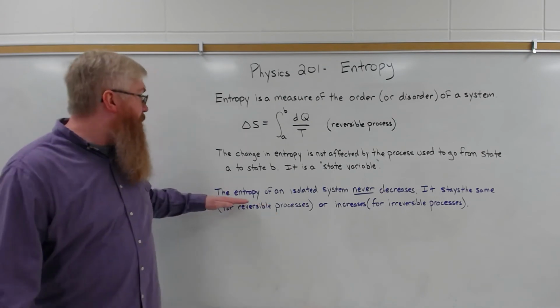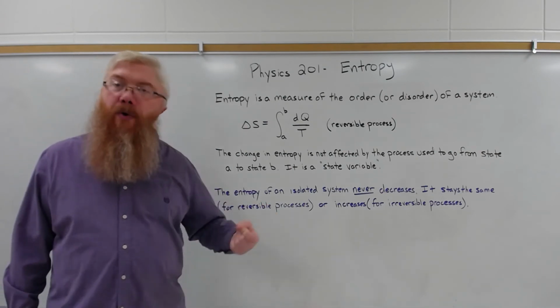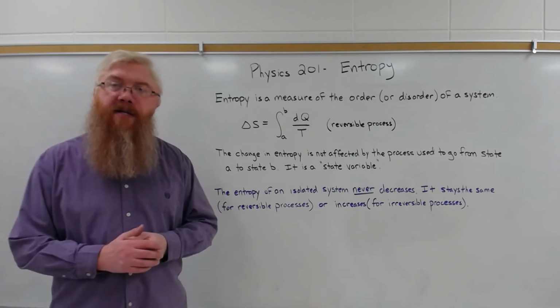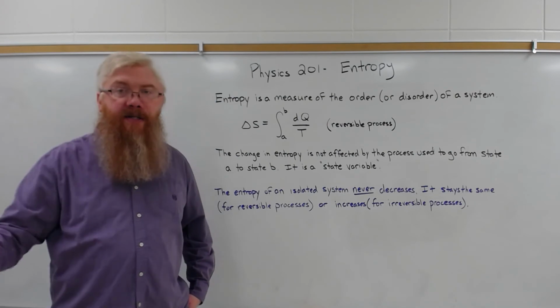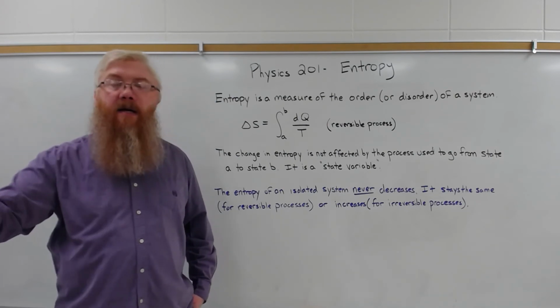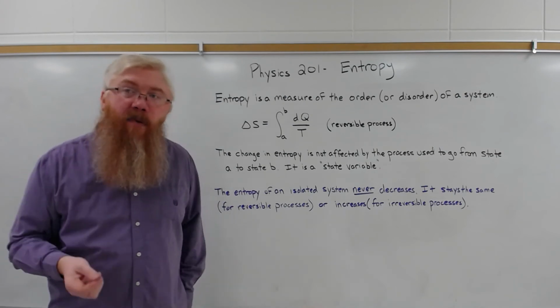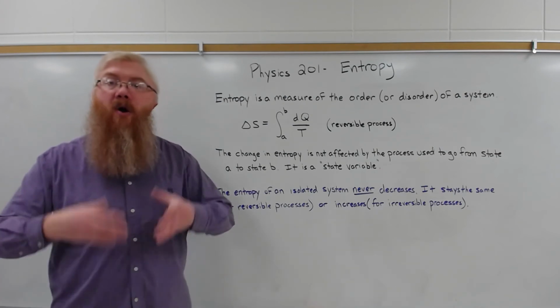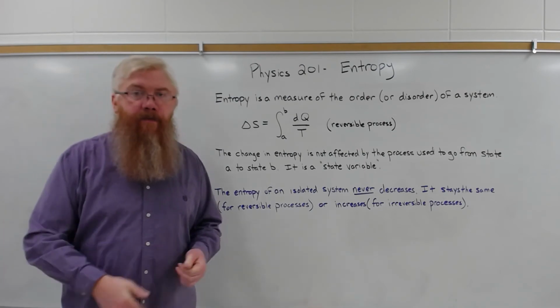Since the entropy of an isolated system can never decrease, never become more ordered, it always increases and becomes more disordered, over time the entropy of the universe is constantly increasing, never decreasing, until eventually it will reach a maximum value and no useful work can ever be done. We call this the heat death of the universe.